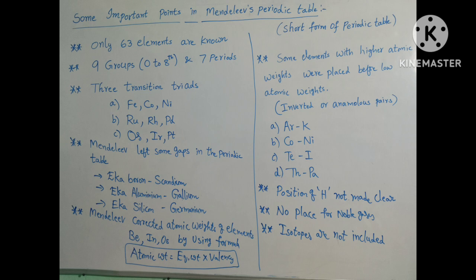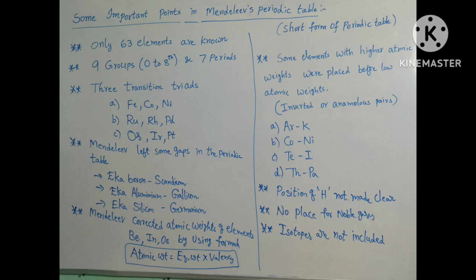Mendeleev left some gaps in his periodic table. They were named Eka boron, which scientists later found to be scandium. Next, Eka aluminum means gallium. Eka silicon means germanium. Very important one. Next, Mendeleev corrected some atomic weights of elements.